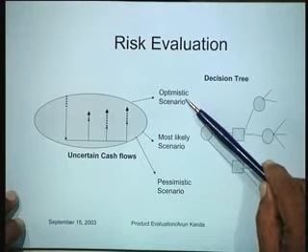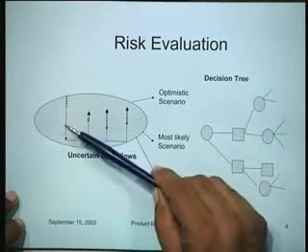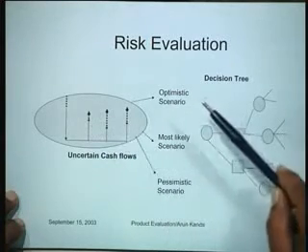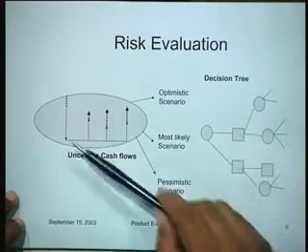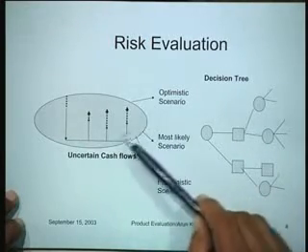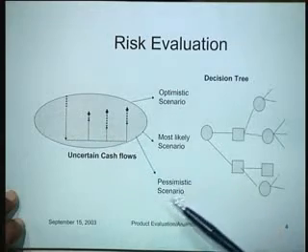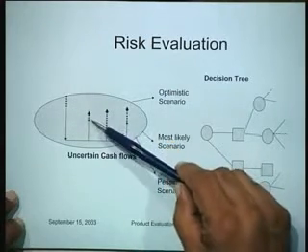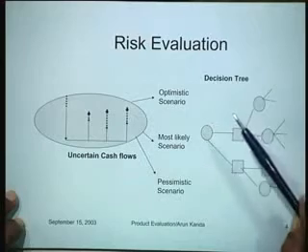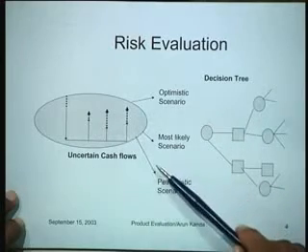Obviously, the most optimistic scenario would be when you'd have the least cost and the maximum returns throughout. Similarly, you can talk about a most likely scenario, which would be somewhere between the extremes. And then you can talk about a pessimistic scenario in which the costs would be high and the returns relatively low. And you can do the analysis on this basis.